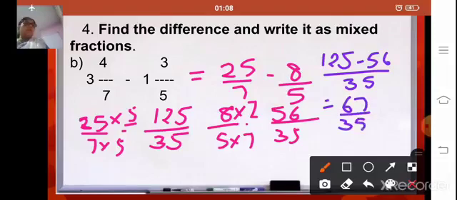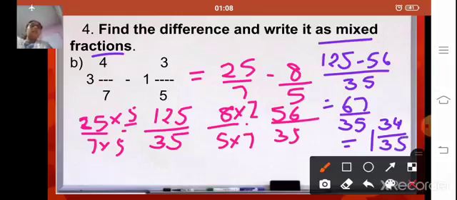Now as it is an improper fraction, you have to write it as a mixed fraction. So divide this 67 by 35. You will get the answer as 1 whole 34 upon 35.